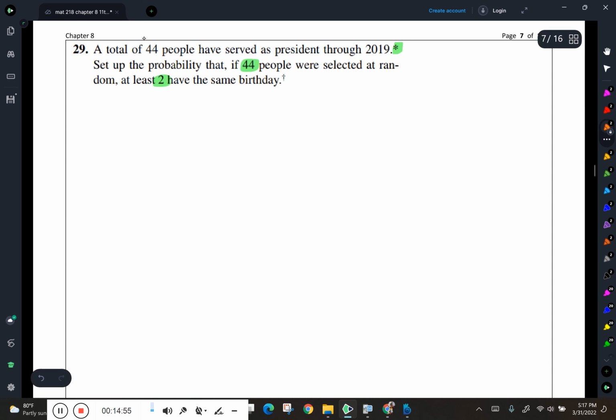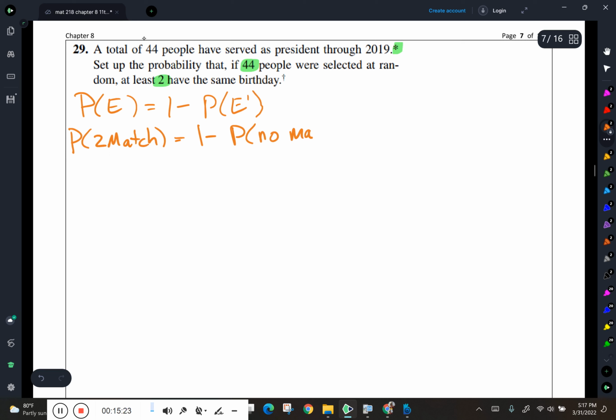So you remember this rule? The probability of an event is equal to 1 minus the probability of its complement. So we're going to say the probability that 2 match is equal to 1 minus the probability that no match.